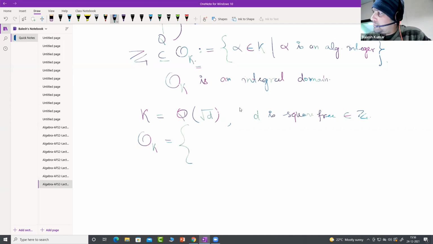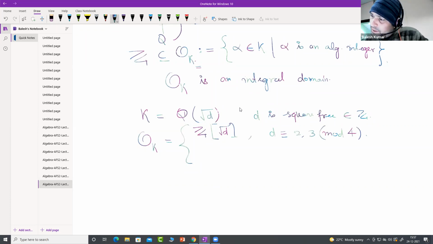One of them has a very simple expression, Z[square root of d], and the other one has a similar expression. So let me write it down: this set of algebraic integers will look like Z[square root of d], and this is the case when d is 2 or 3 mod 4.